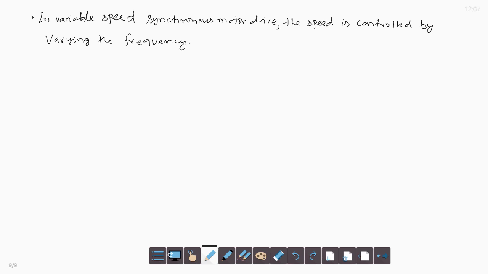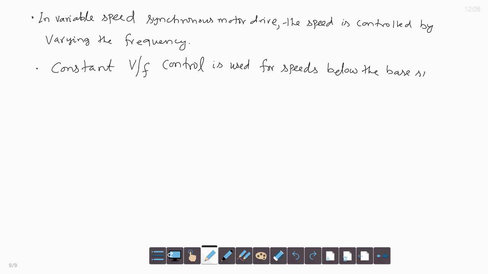So, as in the case of induction motor, we can have V by F control in variable speed synchronous motor drive. So, we can have constant V by F control, which is used for speeds below the base speed or the rated speed.